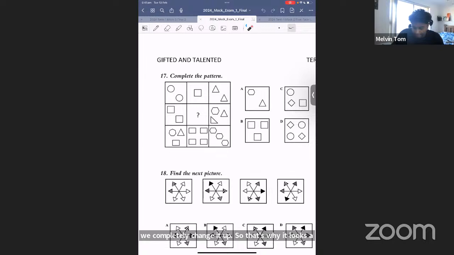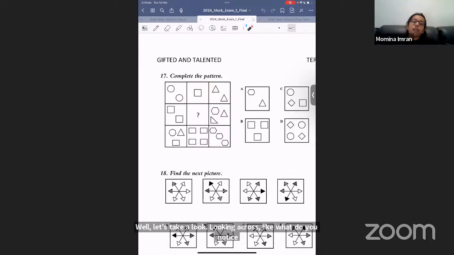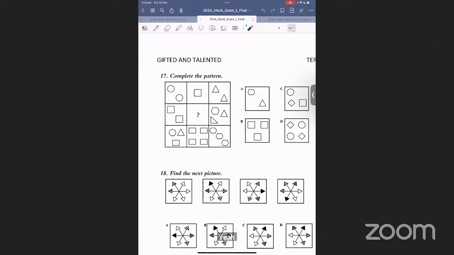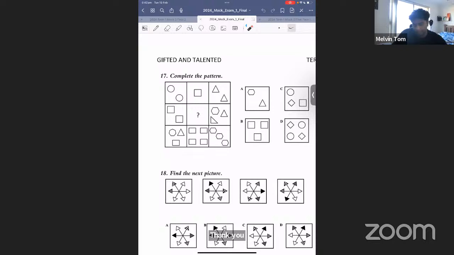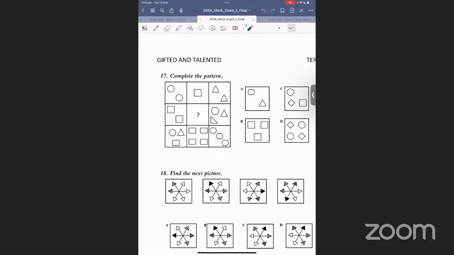Well, let's take a look. Looking across, what do you notice? There's 2, 1, 2, 2, 3, and 3, yeah, 4. The number of shapes aren't consistent, and are the shapes themselves consistent? The first 2 shapes in each row equal the next one.